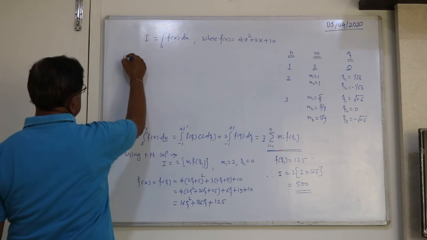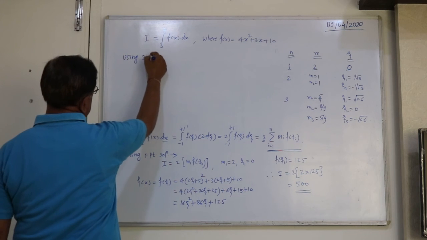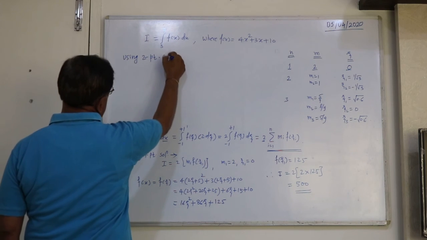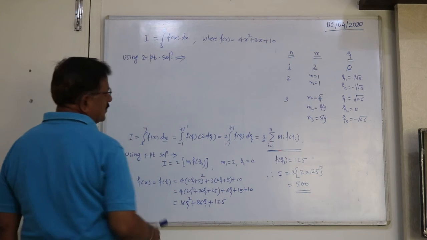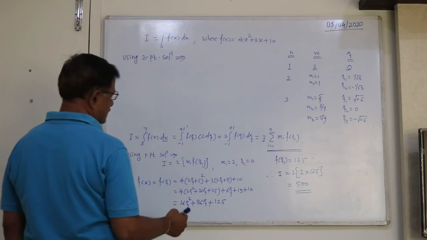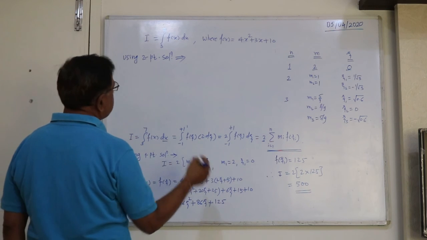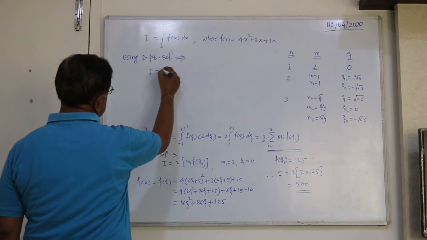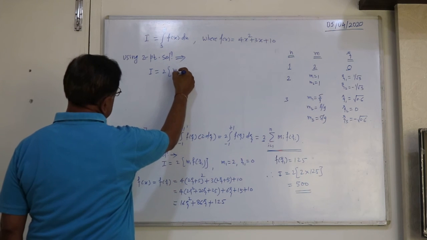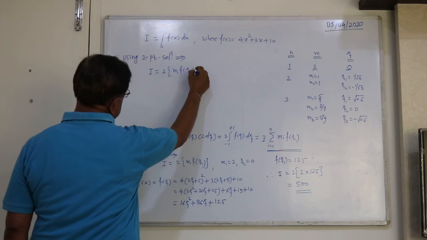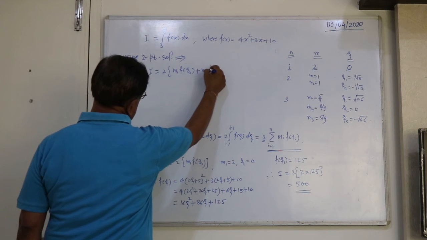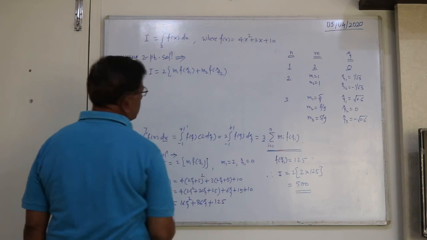Using the 2-point Gaussian solution, I becomes 2 into bracket m1 f of xi1 plus m2 f of xi2.